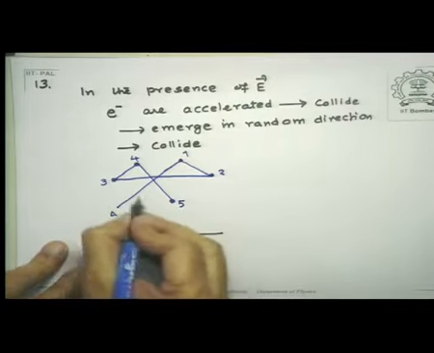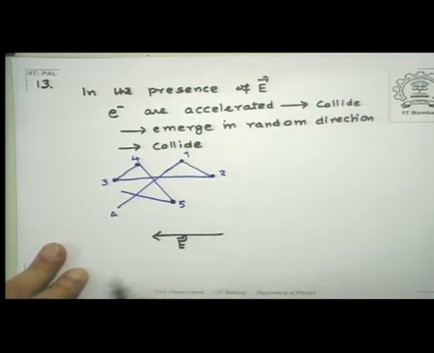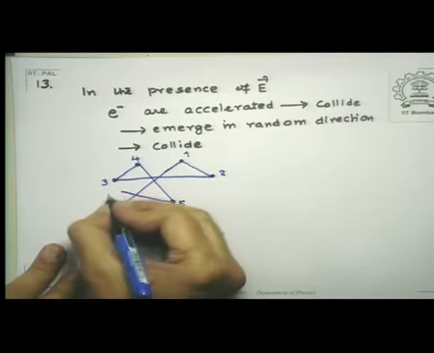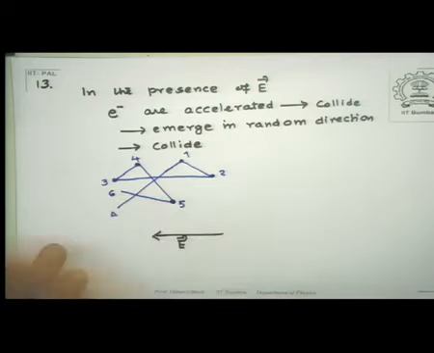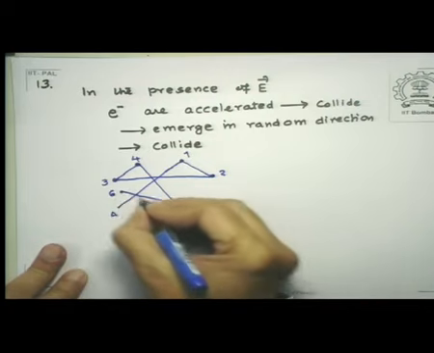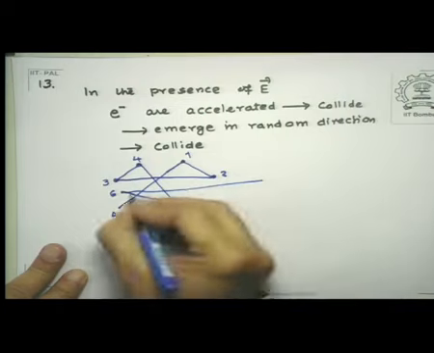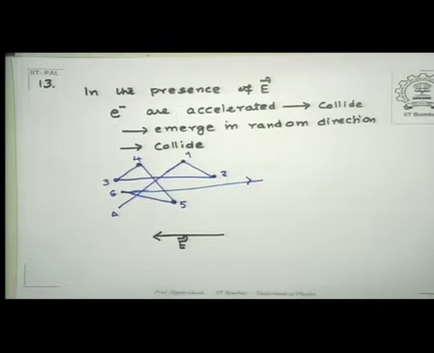And once again, this is actually an arbitrary direction figure, so do not worry about any pattern in this. This is 6, and then finally it comes like this. So this is typical, you could draw any way you like. In this particular picture, I have shown you the electron goes through 6 collisions.